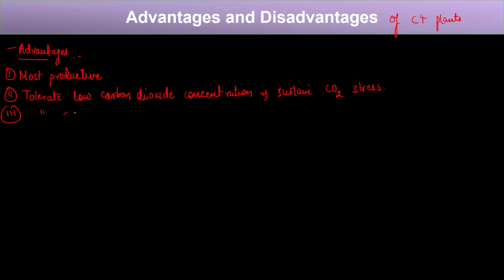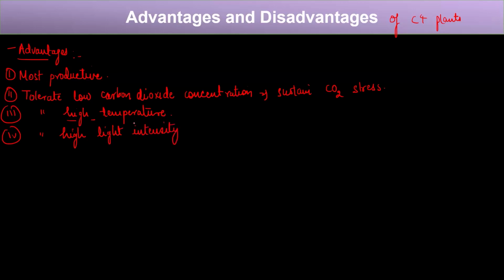So it means they are, you can say, not temperature resistant, but can sustain temperature stress. Then, if they can sustain high temperature, you can also remember that they can tolerate high light intensity.